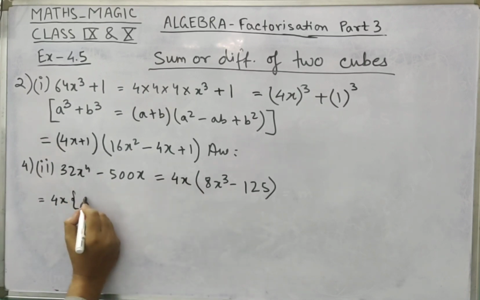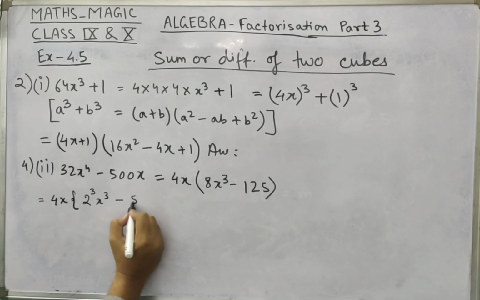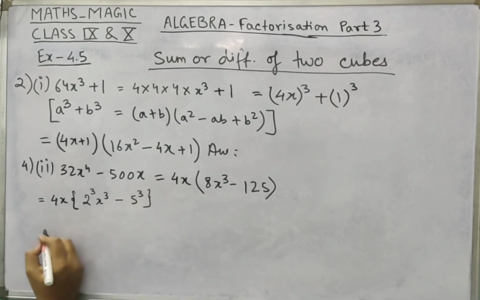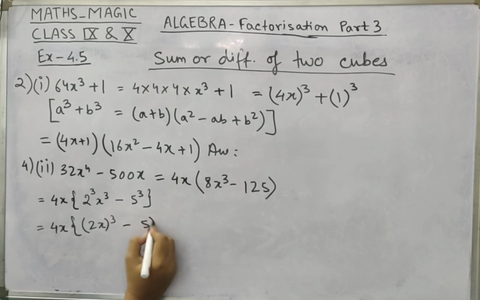Now 8, I know 8 is a cube of 2, 2 to the power 3 is 8. And this 125, I know it's a cube of 5. So I can write (2x) whole cube minus 5 cube.